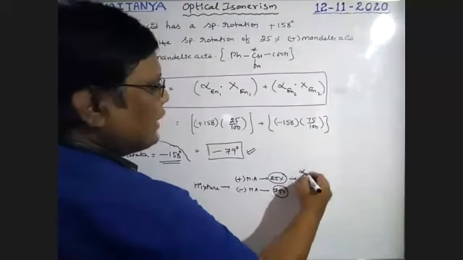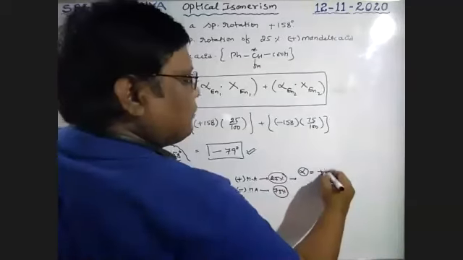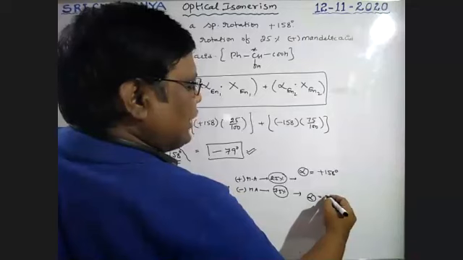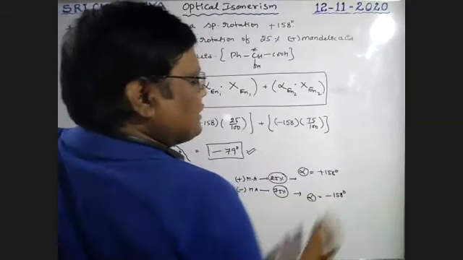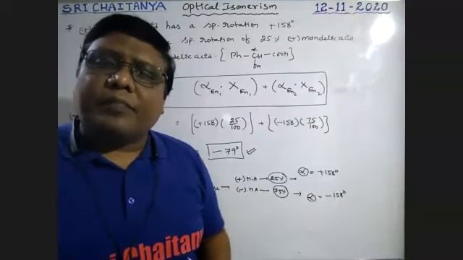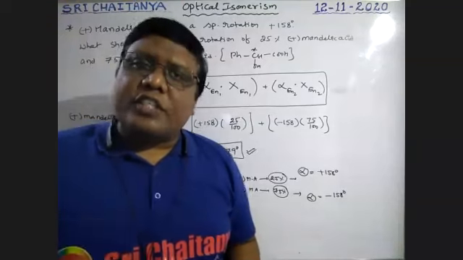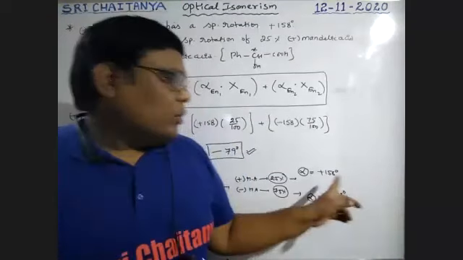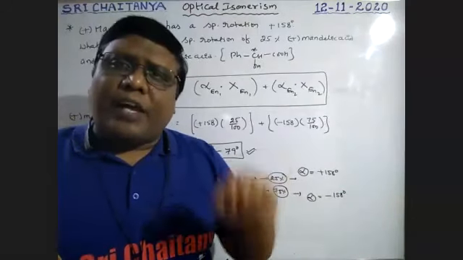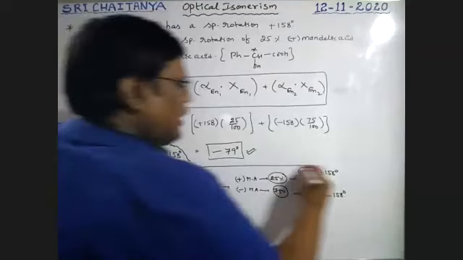Plus mandelic acid has a specific rotation value of plus 158 degrees, minus mandelic acid has a specific rotation of minus 158 degrees. This value is not given to you; you can deduce it because for enantiomers the magnitude of rotation is the same but opposite in sign. So if the plus value is given as plus 158, automatically its enantiomer's value should be minus 158.